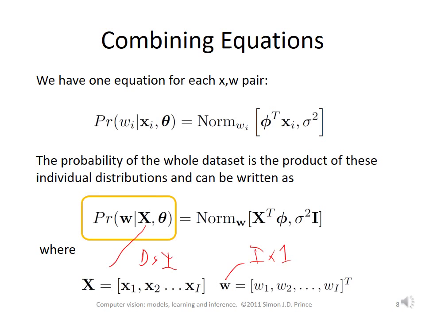When you take x transpose, that'll be I by d multiplied by phi, which is d by 1, you'll end up with a result that is dimension I by 1, which makes sense. That means we have a mean for every element of the w vector.